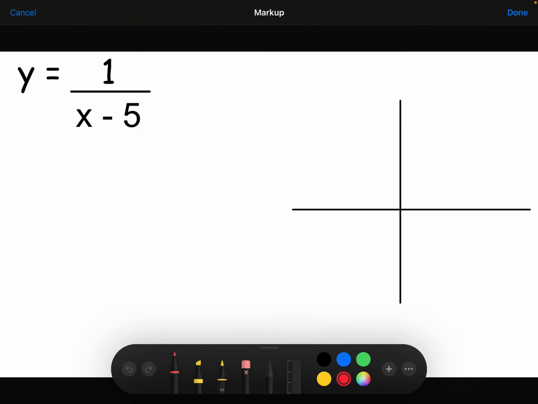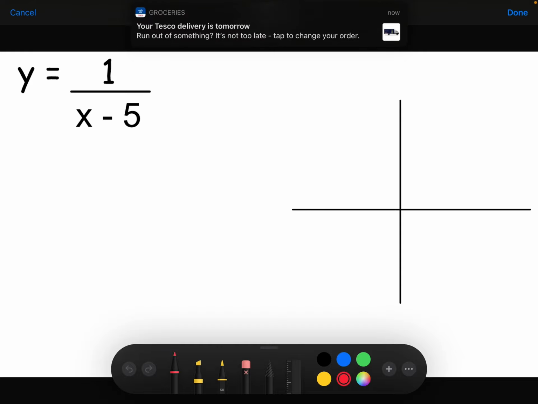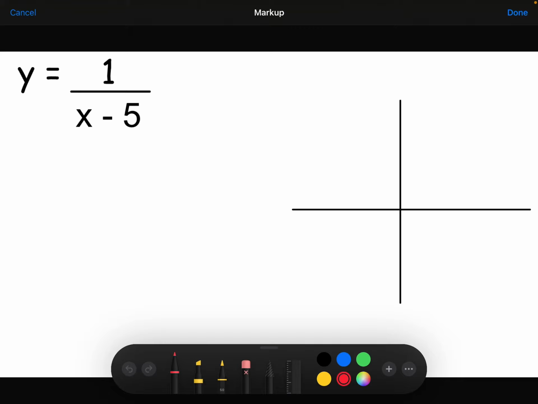Getting a little bit harder now. y equals 1 over x minus 5. Now, let's talk about these asymptotes here. Remember that I cannot divide by 0. This denominator is not allowed to be equal to 0. I can't do 1 divided by 0.